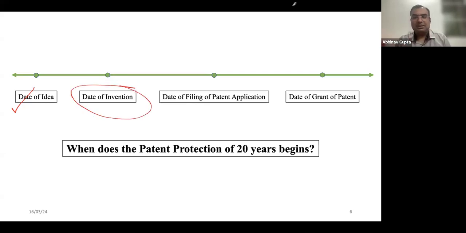Now, say today we are sitting on 16th March 2024. So on 16th March 2025, I actually invented. So it took me 1 year to invent this engine which can run on water, right?